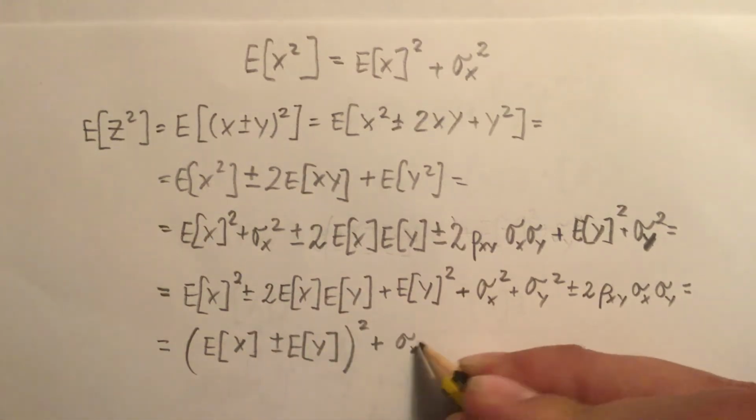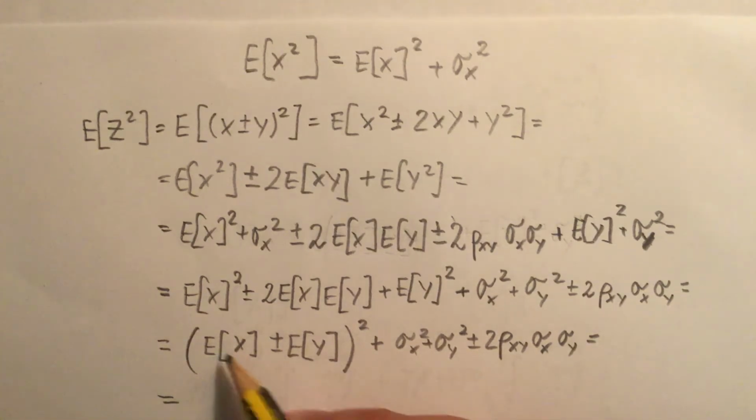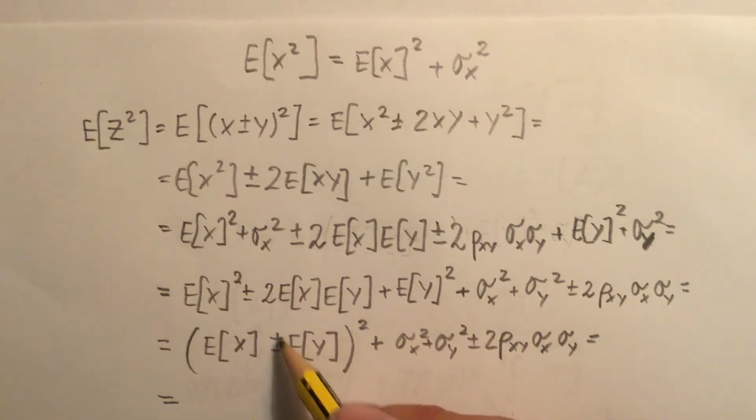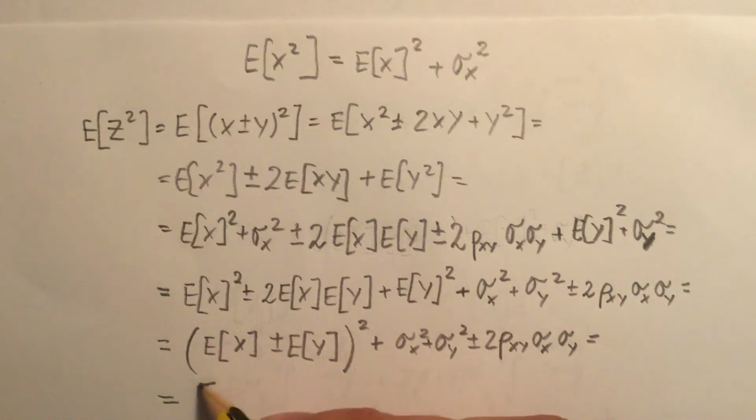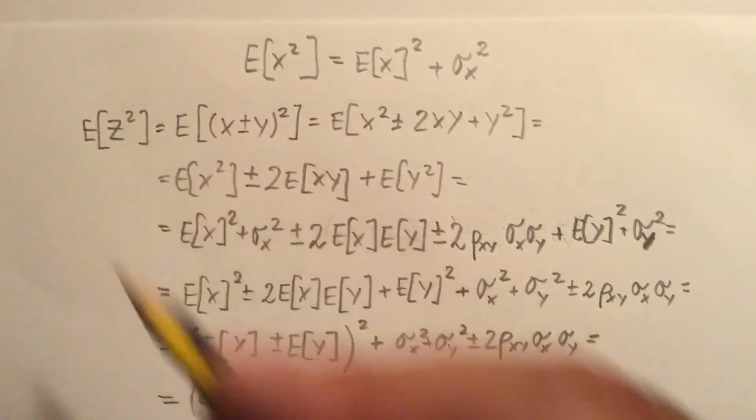We know that the sum or difference of these two expected values is also the expected value of the corresponding sum or difference of these two variables. And this squared. Now, this sum or difference is z itself.